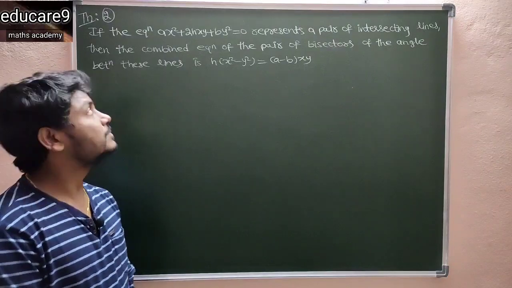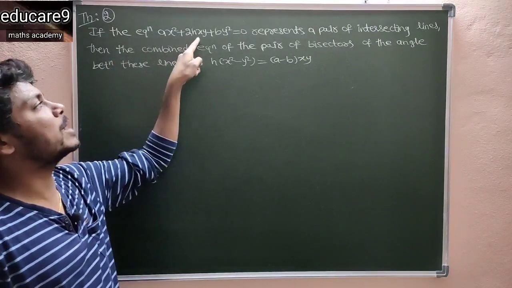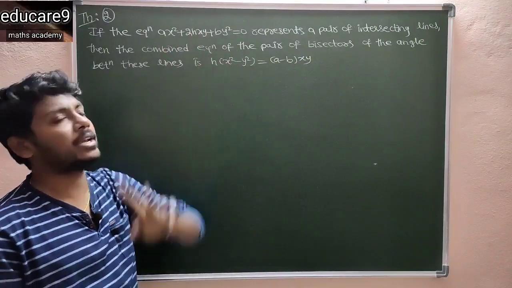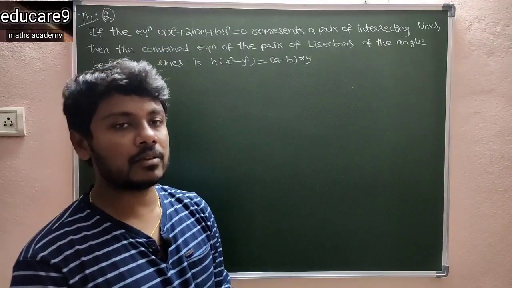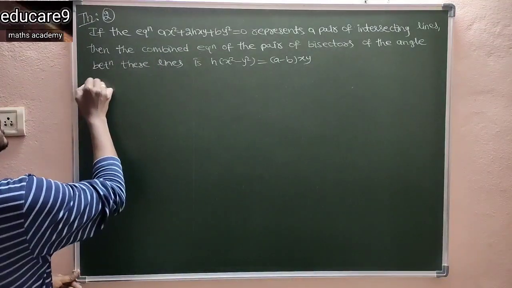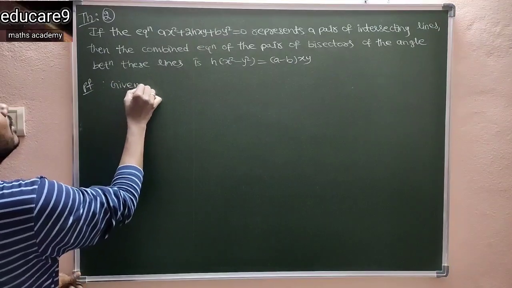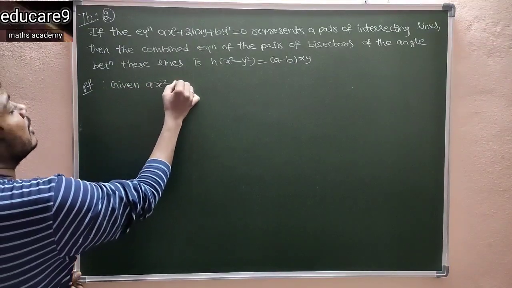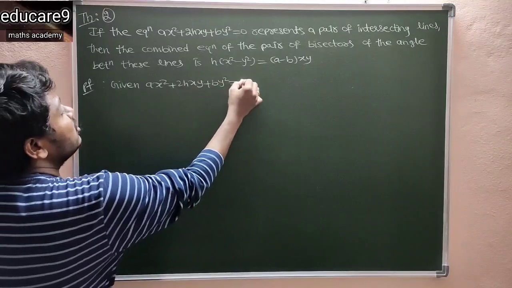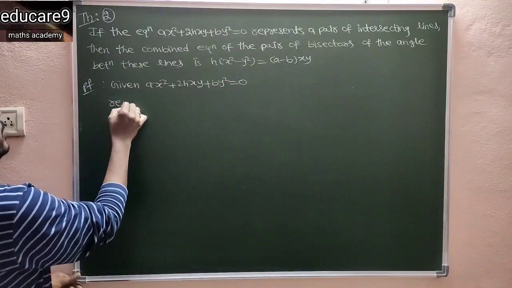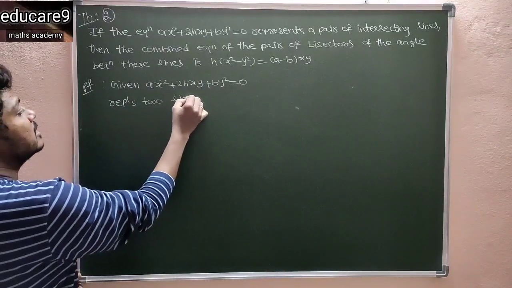See the next one, theorem 2. If the equation ax square plus 2hxy plus by square equals 0 represents a pair of intersecting lines. Given ax square plus 2hxy plus by square equals 0 represents two intersecting lines.